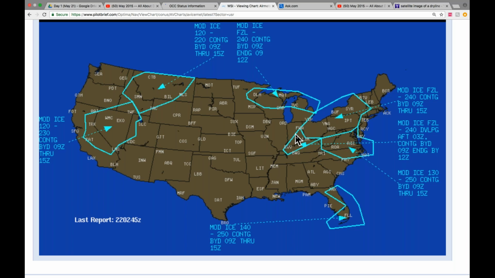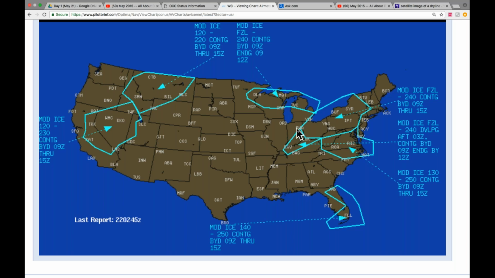So either he's going to have to fly under the cloud for a long period of time, or at one point he's going to enter icing conditions. So you just got to take into consideration, where's my clouds? At what altitude am I considered to be in icing conditions?